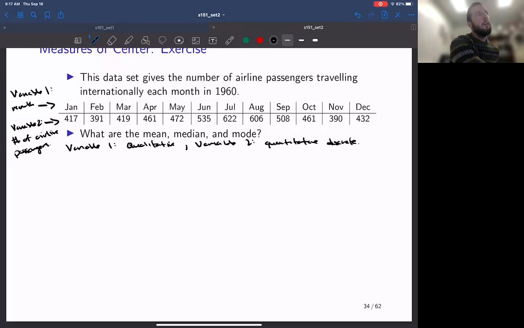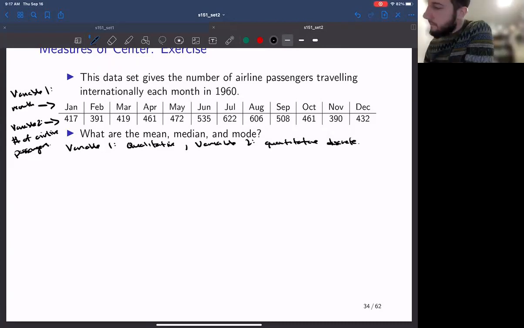The first thing that we can recognize is that for a qualitative variable, there is no mean or median. So the mean and the median are unique to quantitative data, but the mode can be found for both qualitative data and quantitative data.